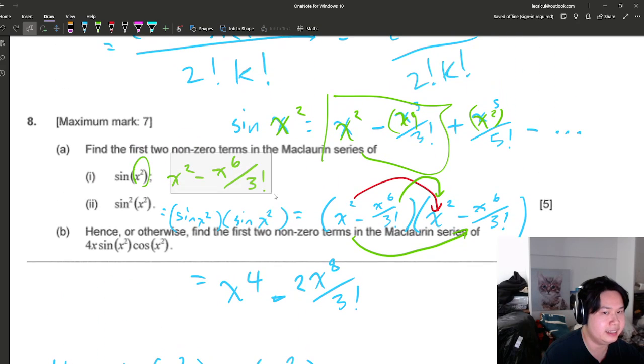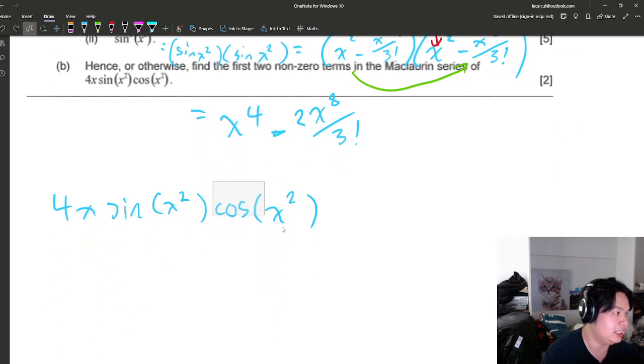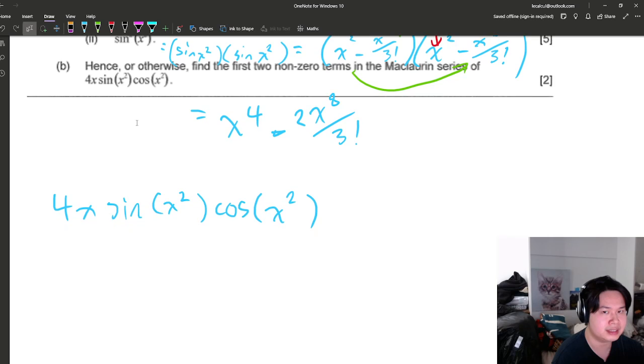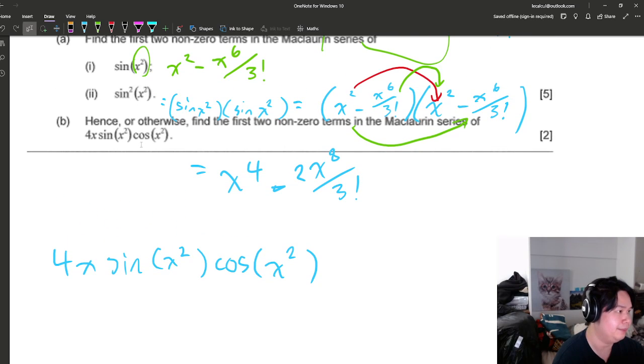We found it in I. You can do the exact same thing for cosine, and then you're just multiplying the first two terms of this one with the first two terms of this one, just like what we did here. And then afterwards, you multiply in a 4x. That's kind of the long way. The short way is it says hence, and you're going to try to use I.